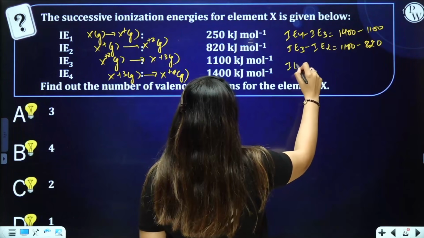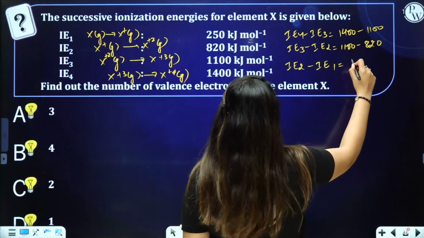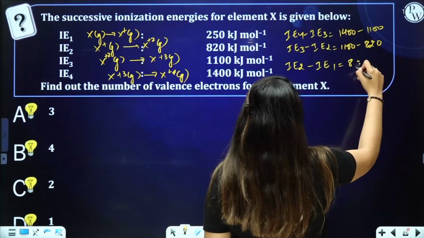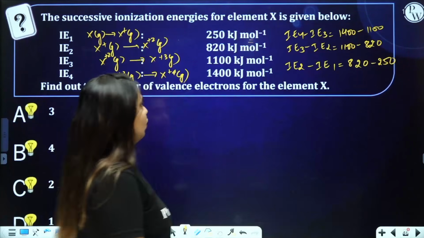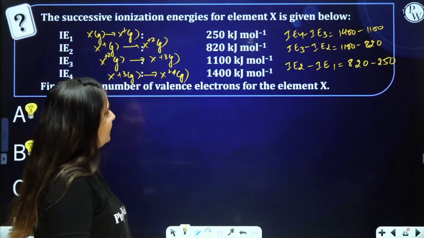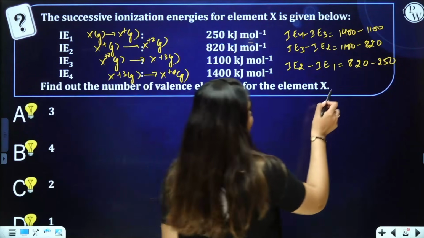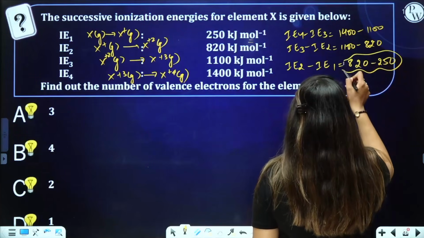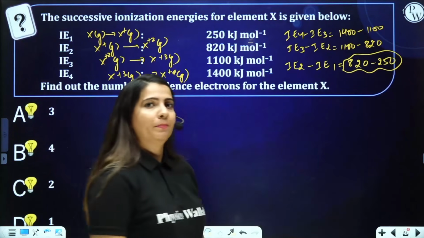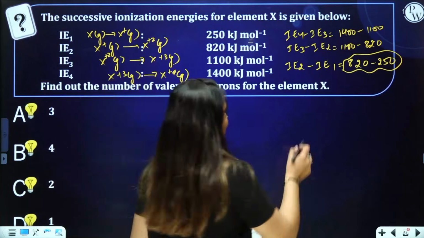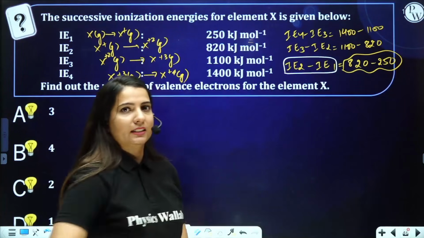After that IE2 minus IE1, and that will be 820 minus 250. So when you calculate, the maximum difference will be coming out between 820 and 250. First you need to calculate which has the maximum difference. Once you find that, just have an eye on this.